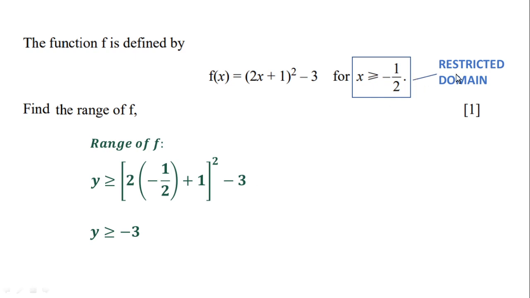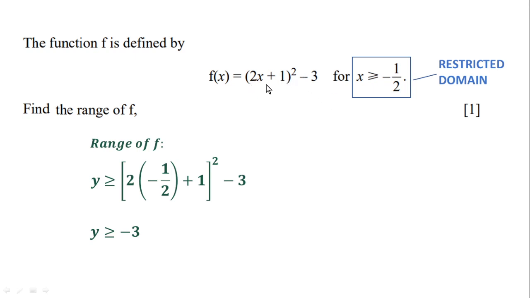Okay? If there is no restricted domain, then we can find out first what is the value of the h and the k. I repeat, find out first what is the value of the h and the k by expanding this and then transforming it into a times x minus h squared plus k.